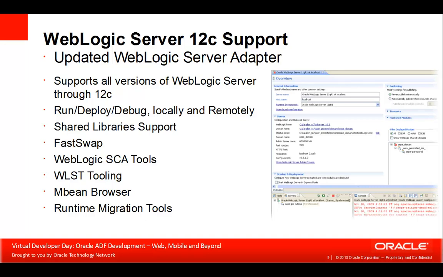For those of you that have used WLST, it's basically the WebLogic scripting tool. You could write scripts that allow you to start and stop servers, or update particular clusters and things like that. You can do a lot of the WLST integration directly through the WebLogic server adapter, which makes things a lot easier.